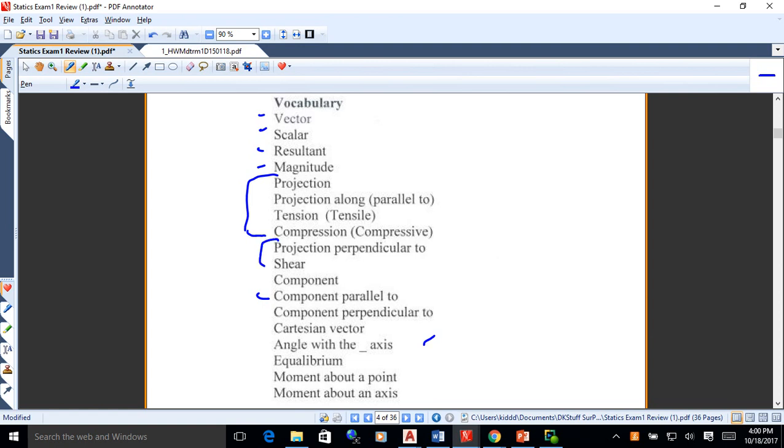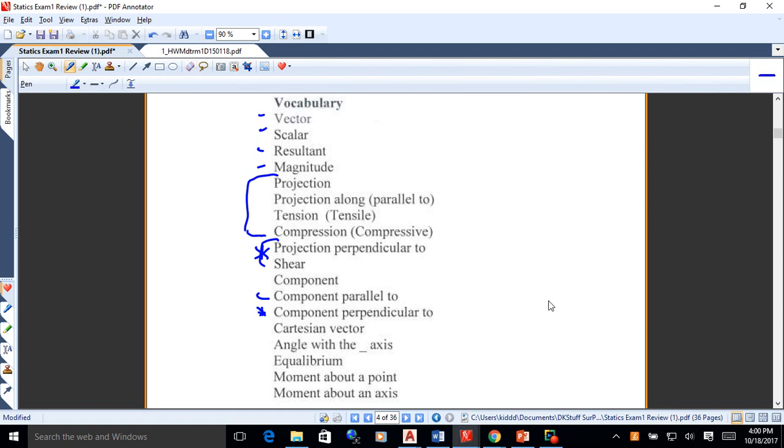And we've got projection perpendicular to and shear and component perpendicular to. Those are all shear, which is perpendicular to the projection along. Okay, so use a dot product to find the projection along, which would be tension or compression, and you can use some vector subtraction actually to get the shear, or you can use the theorem of Pythagoras.